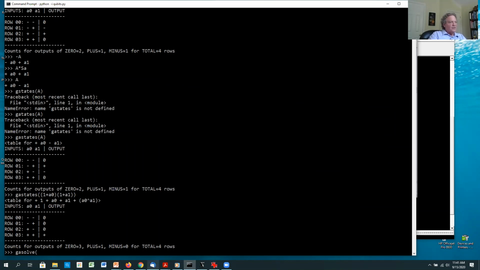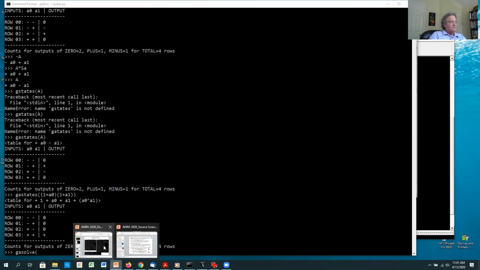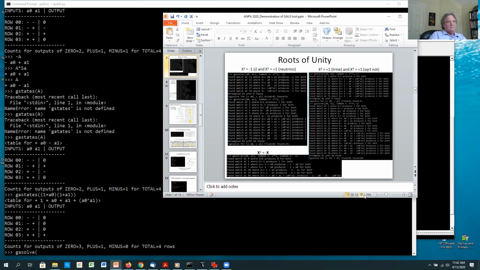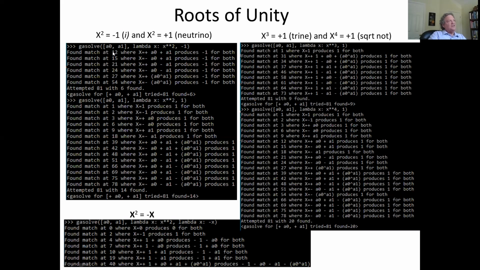for this expression here, I'll show you here. I'm going to say, for the state space defined by A0 and A1, go through all the permutations like I just did with the truth table, but find anything where this is a locally defined function, but you could create a globally defined function too, lambda. This is what Python does. It's lambda calculus, essentially, where lambda of x, where x squared is equal to -1.